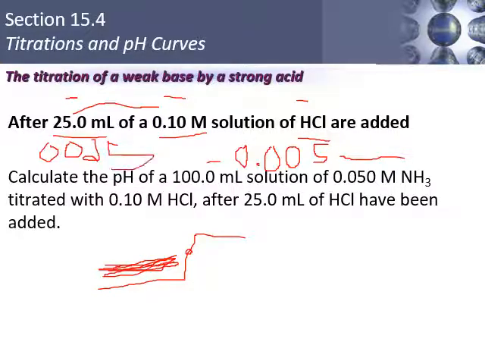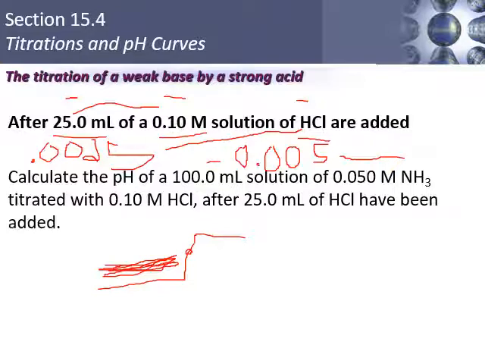That's less than the amount of base we started with. So this is the HCl. It's 0.0025. Okay. So we started with 0.005 moles of NH3, and we've now added half as much acid.